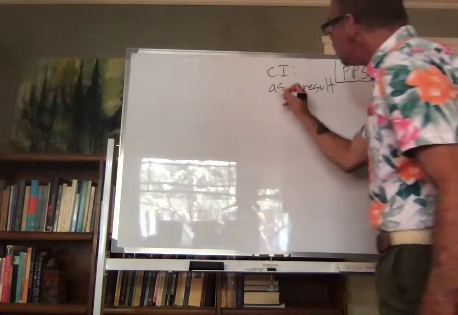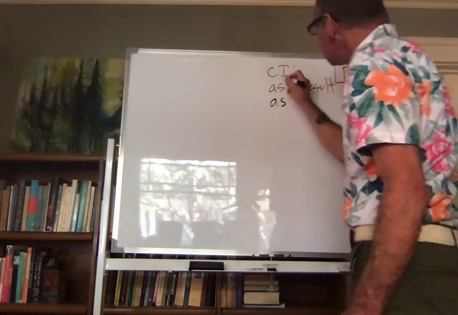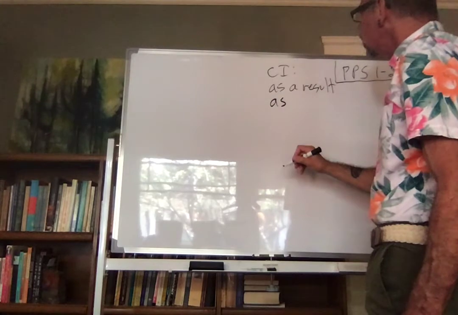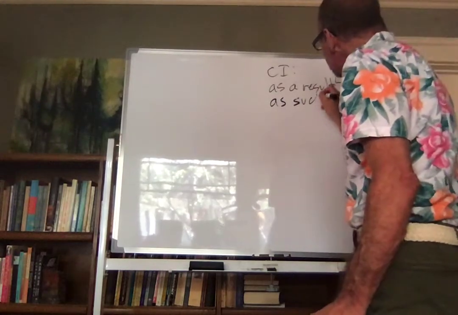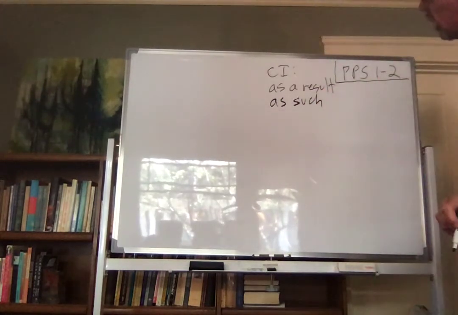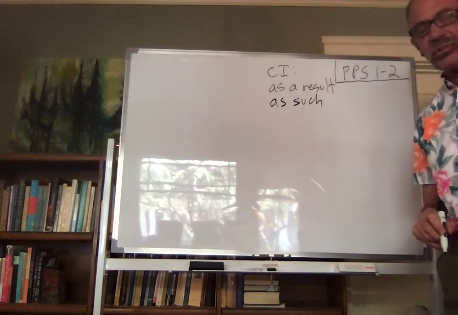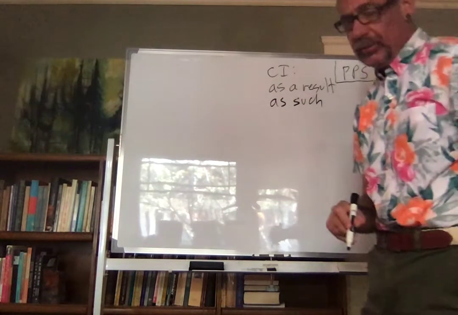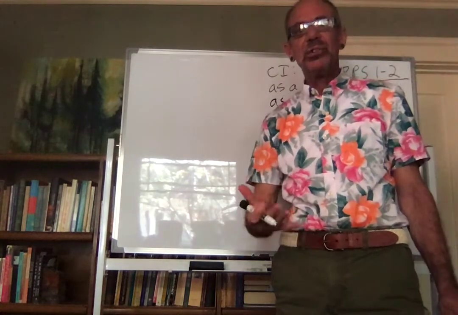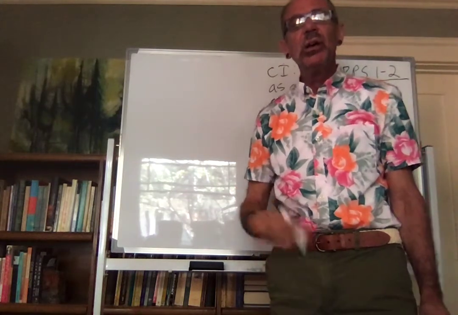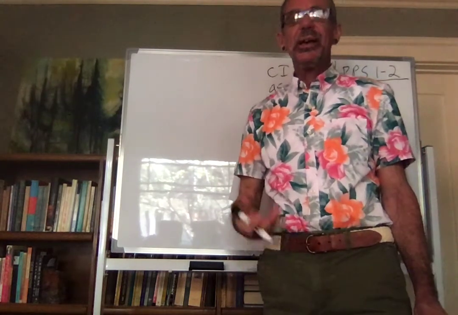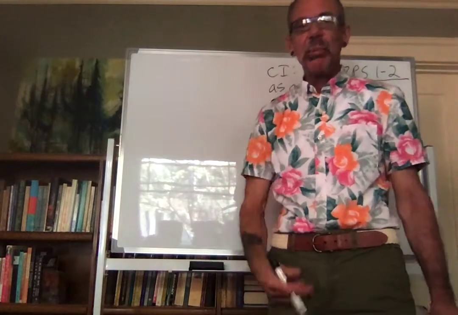Another phrase that's used as a conclusion introducer, I'm just using CI as short for conclusion introducer, is the phrase as such. Don't confuse that with the phrase such as. Such as does not introduce part of an argument. Such as introduces examples. It means for example or like.